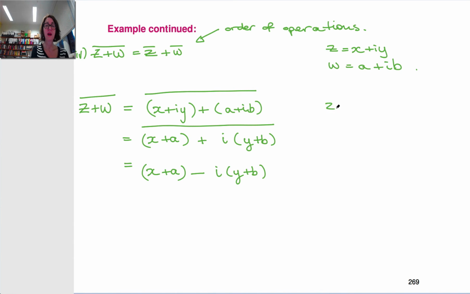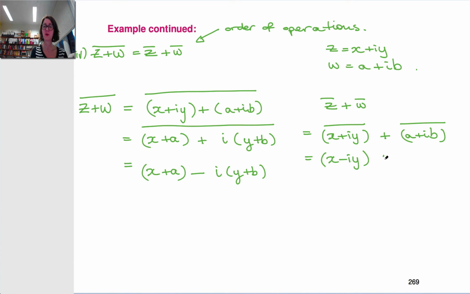On the other hand, we have to look at z bar plus w bar. So this is the conjugate of x plus iy, plus the conjugate of a plus ib. So this says do the conjugate first and then do the addition. So if I do the conjugate here, this is x minus iy, and then I've got plus, and I'm doing the conjugate of this, so this is a minus ib, and now I'm doing the addition.